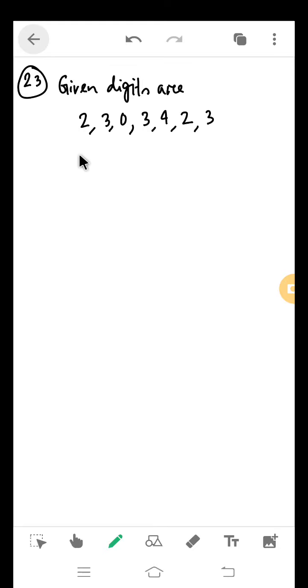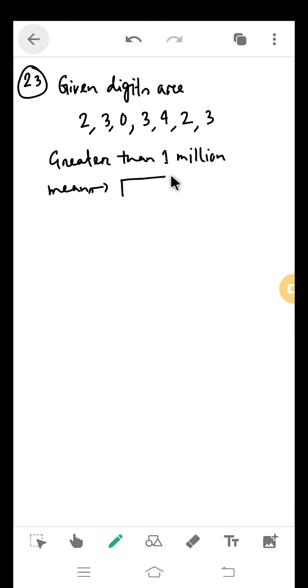So you have to form a number greater than 1 million. It means you have to form any number of 7 digits.